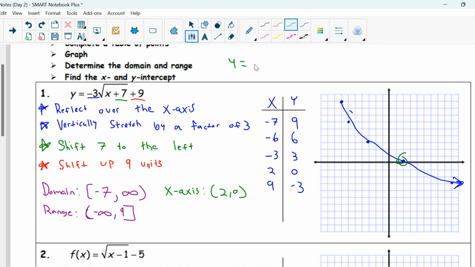So I've got y equals -3 times the square root of 0 plus 7, plus 9. I actually can't simplify that, so that's my y-intercept. It's going to be at 0 and -3 square root of 7 plus 9.